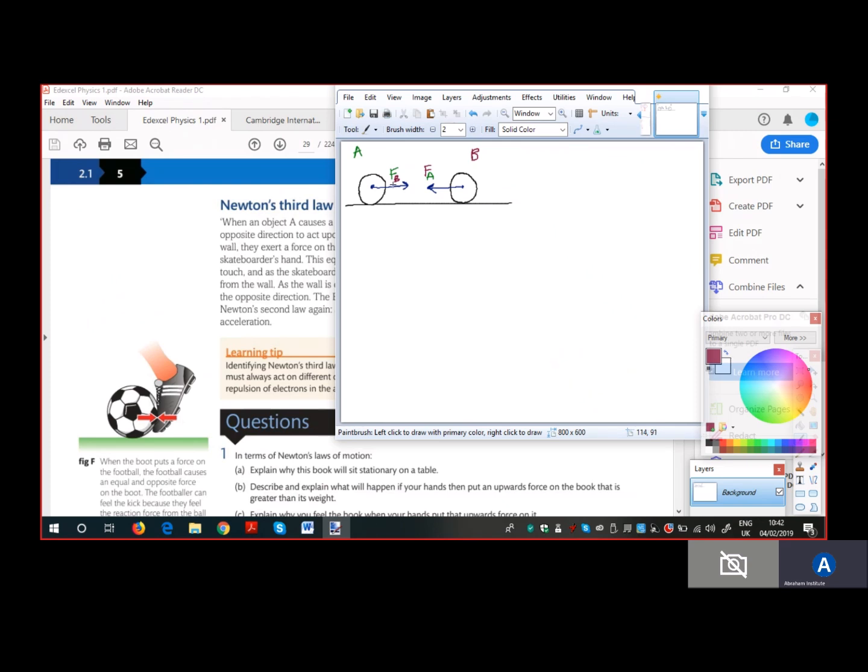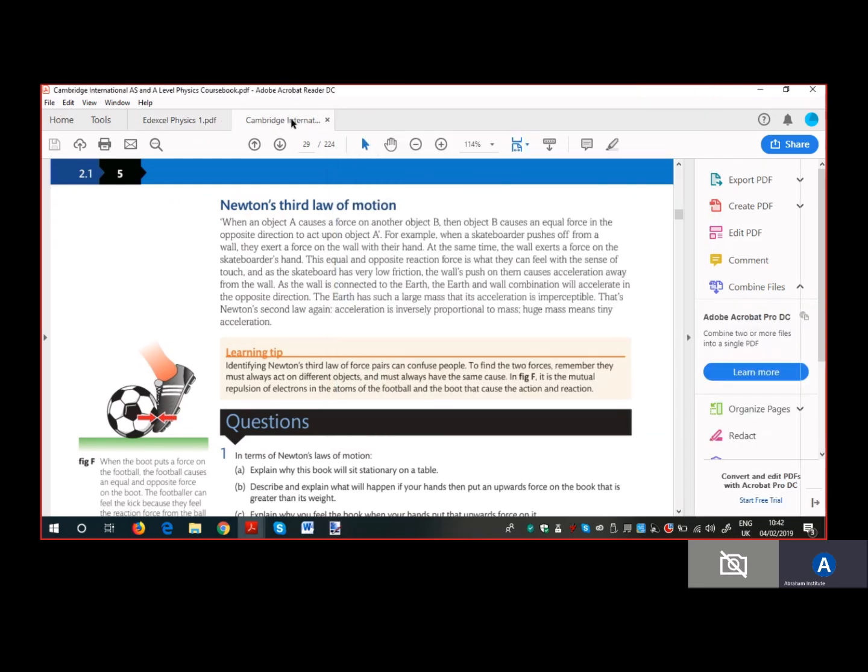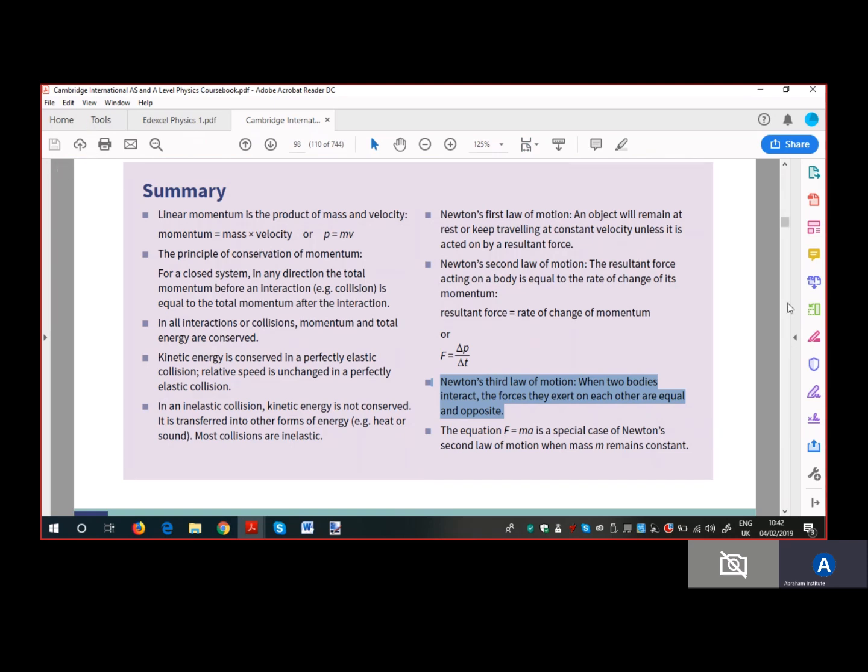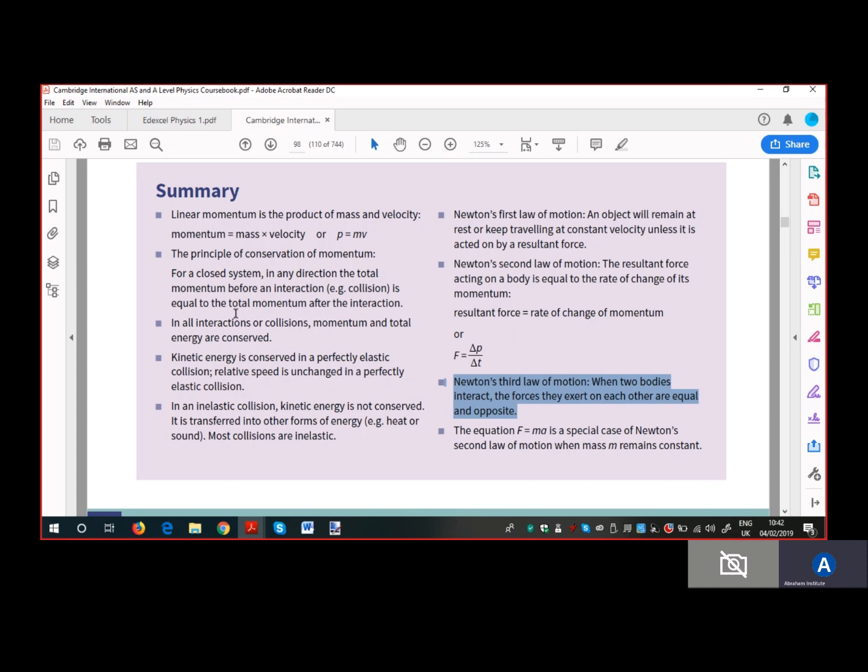So what Newton's third law states is that if body A exerts a force on body B, then body B exerts an equal and oppositely directed force on body A. And there are about 6 criteria for a pair of forces to be Newton's third law pairs. I think that is here in this book. Let's see, hope the page is there.